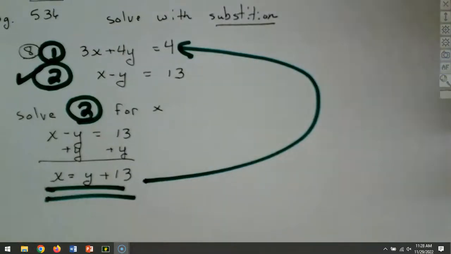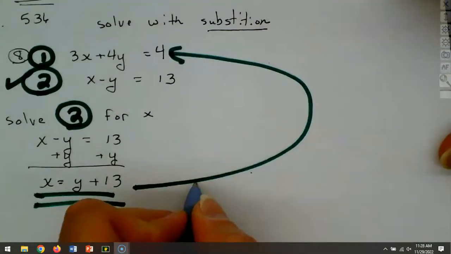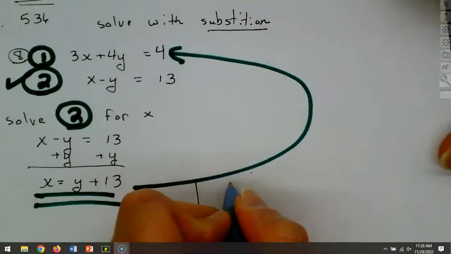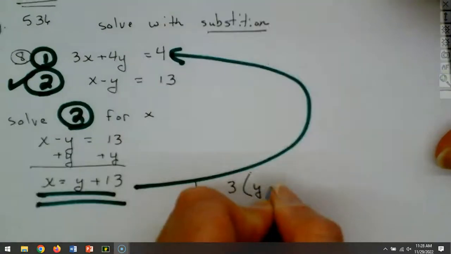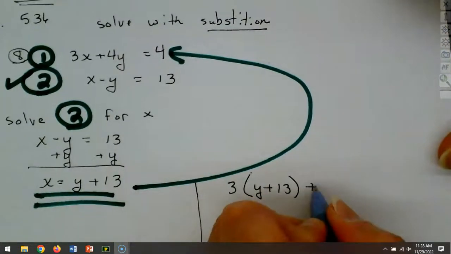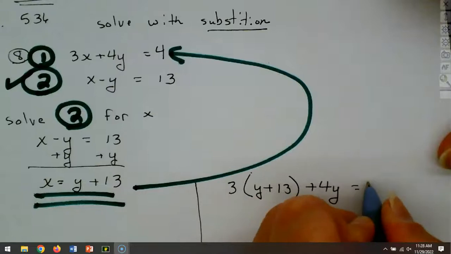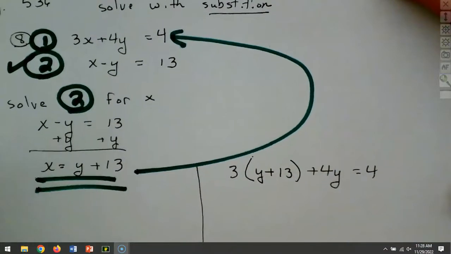And when I substitute that into that first equation, that is going to then give you 3 times... now, x was what? x was y plus 13. Okay, so plug that in. Plus 4y equals 4. So we take whatever we find and we plug it in the other equation.